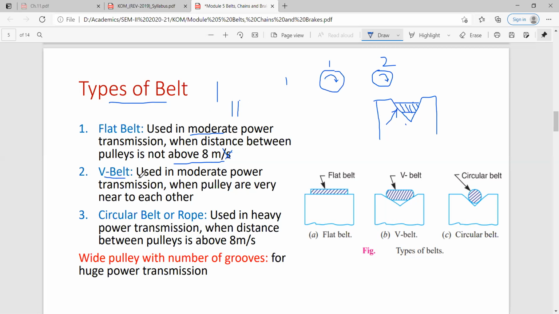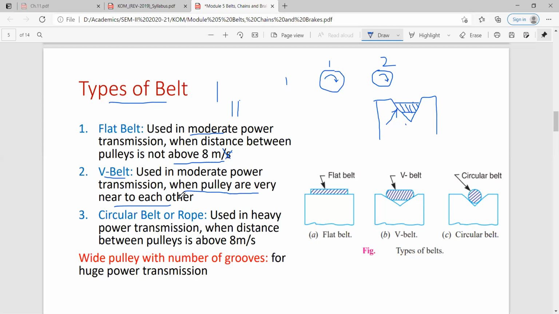V belt, its power transmission is in the moderate range, and it is used when pulleys are very near to each other. You have seen the V belt in that sugarcane juice machine.